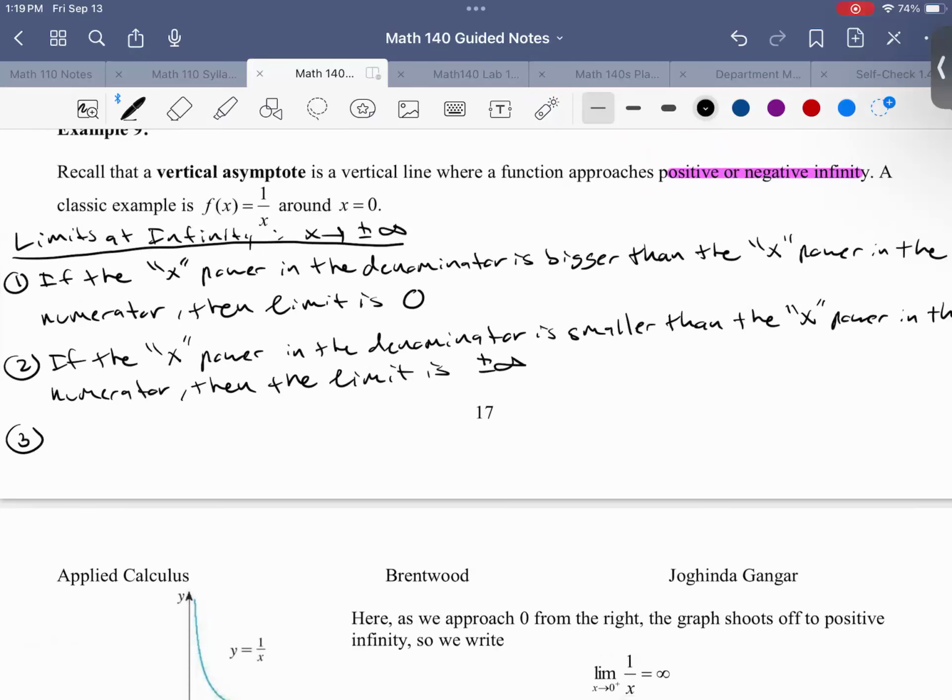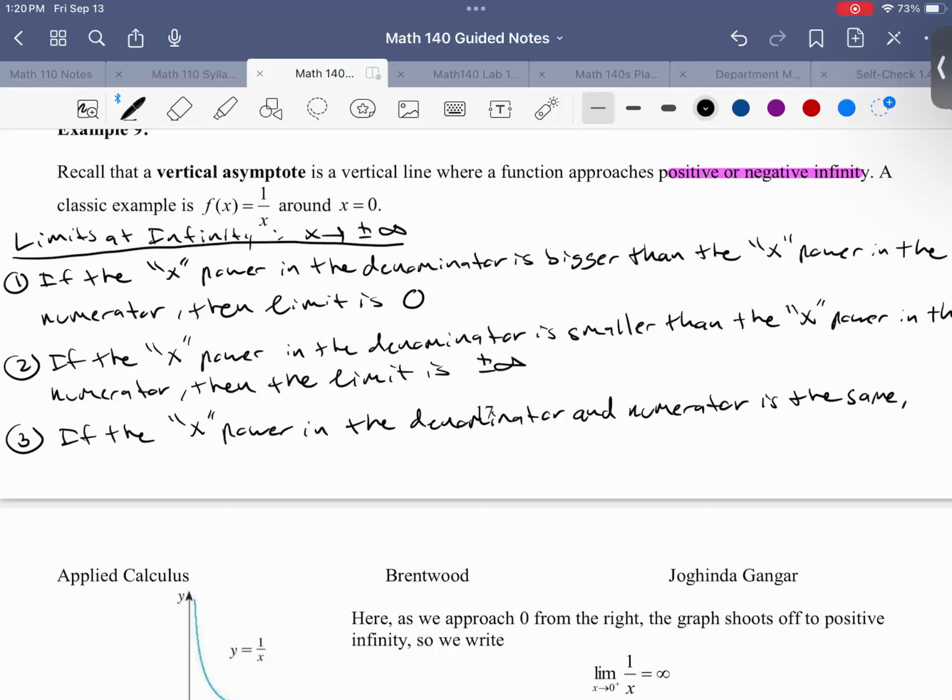And third, well, what if the power is the same? So if the power in the denominator and numerator is the same, I'll say the limit is the ratio of their coefficients.